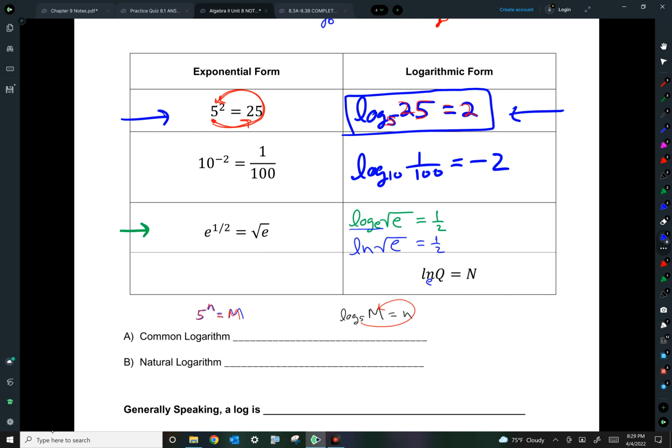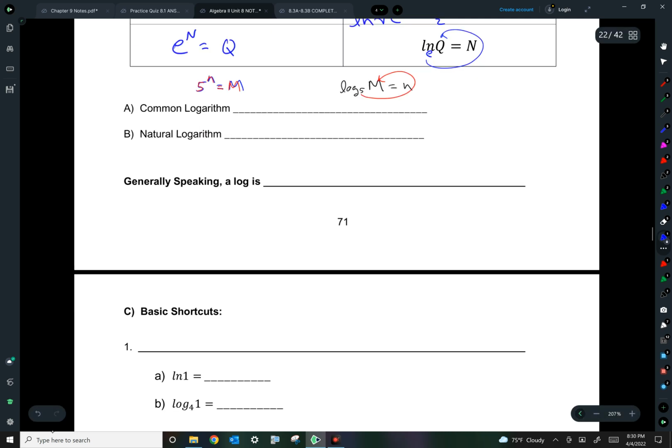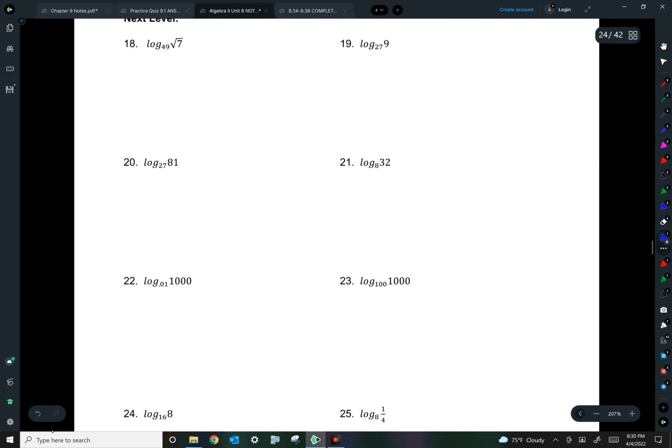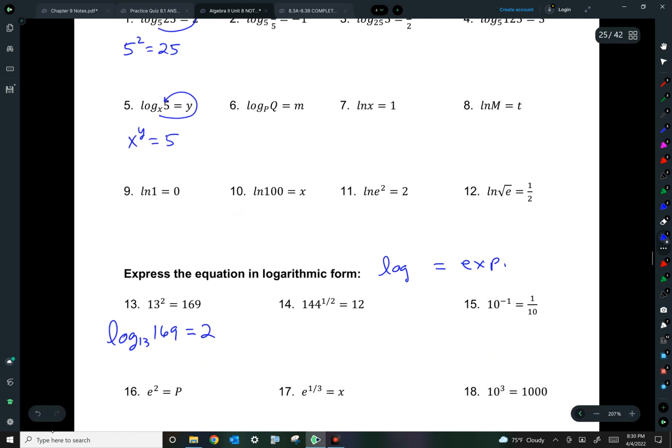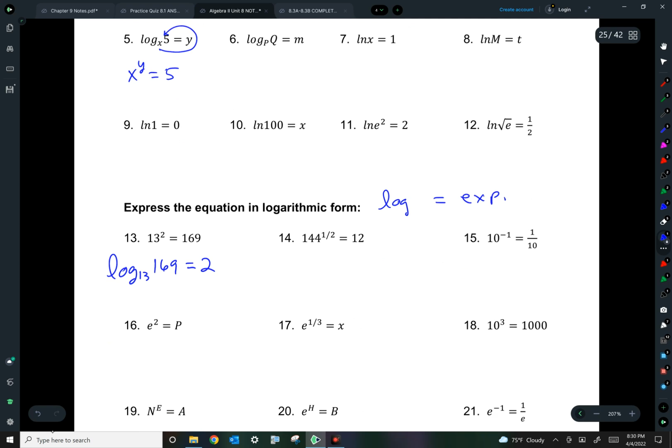You don't see it. If I ask you to change it to exponential, you say, what was the base? The base was e. What was the exponent? Remember, the log always equals the exponent, so e to the n equals the answer, which is q.